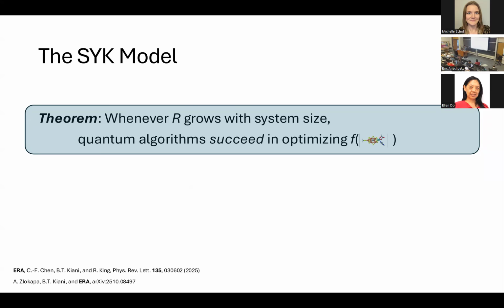And the quantum algorithm that succeeds in doing this is a very funny one, but it's very natural for physicists. All you do is you simulate what happens when you put this molecule in a fridge, essentially the way the algorithm works. So maybe from a more computer science perspective, quantum generalizations of simulated annealing, if you're familiar with this optimization algorithm, are what are capable of doing this optimization.